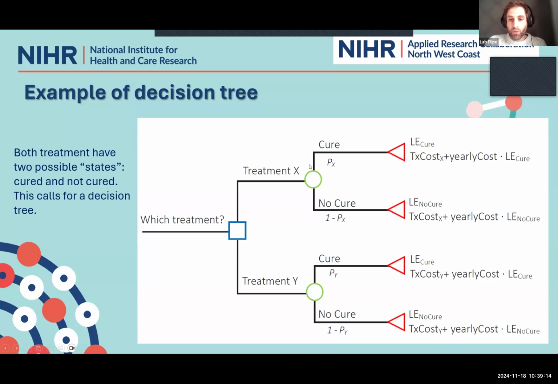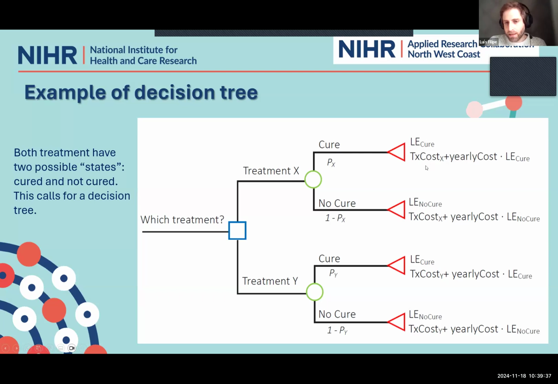Now, if you get cured, you will have a certain health outcome. In this case, this is life years or life expectancy, and you live a certain amount of time. If you don't get cured, you have another life expectancy, which in this case should be lower. That's it about the outcomes. Now, there should also be costs.